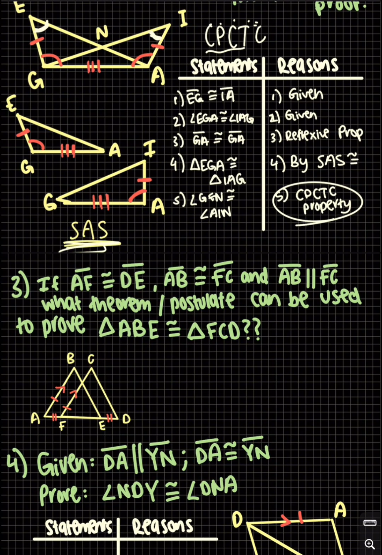The question says that if line AF is congruent to DE, and AB is congruent to FC, and AB is parallel to FC, what theorem or postulate can be used to prove that angle ABE is congruent to angle FCD?